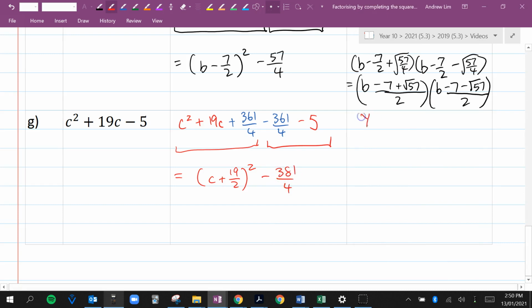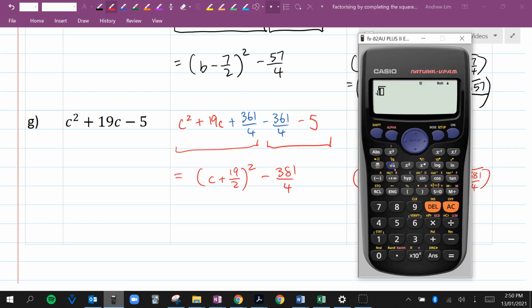So yes, we can factorize this. C plus 19 on 2, c plus 19 on 2, plus sign, minus sign, square root of 381 on 4.